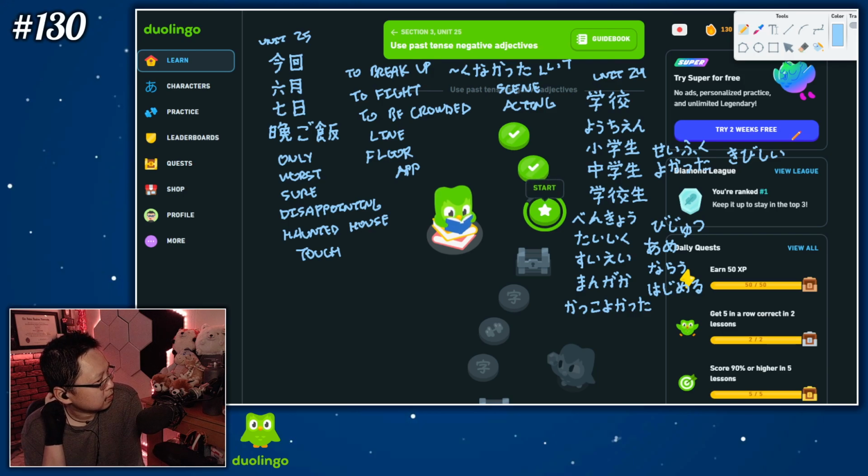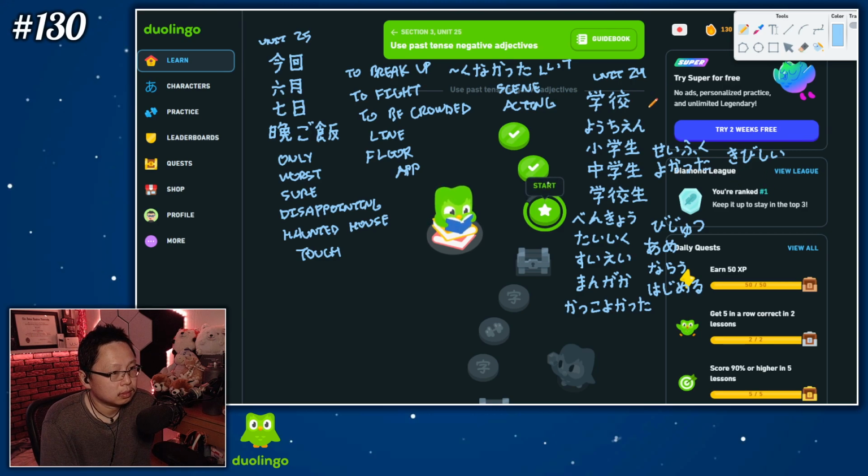Not a single katakana. I feel like there was a katakana in Unit 24. Oh, no toki.